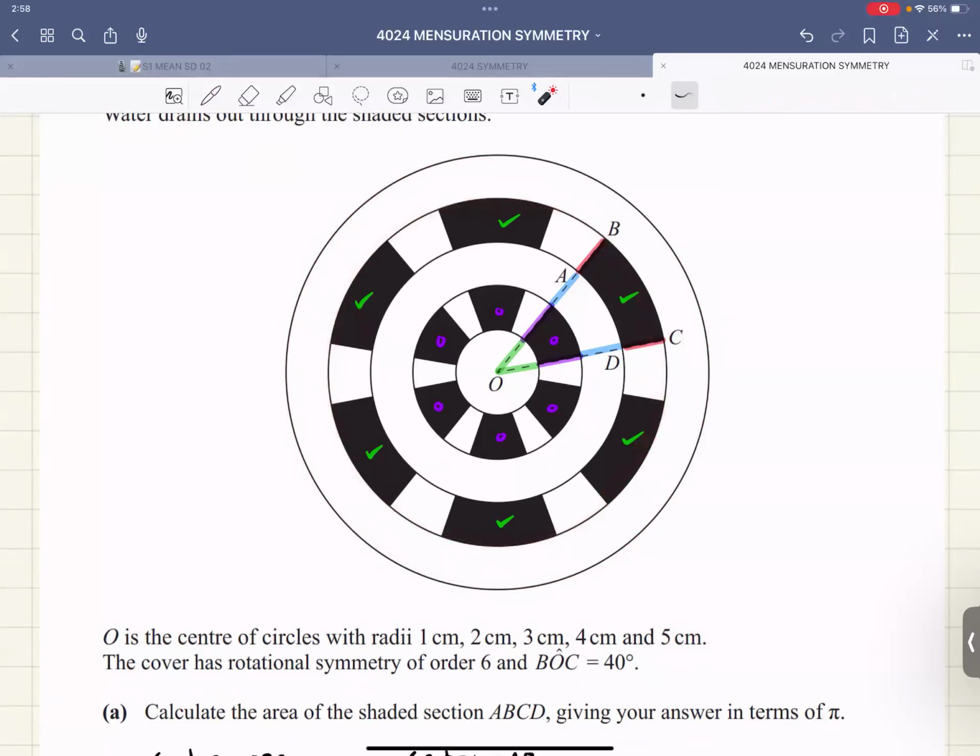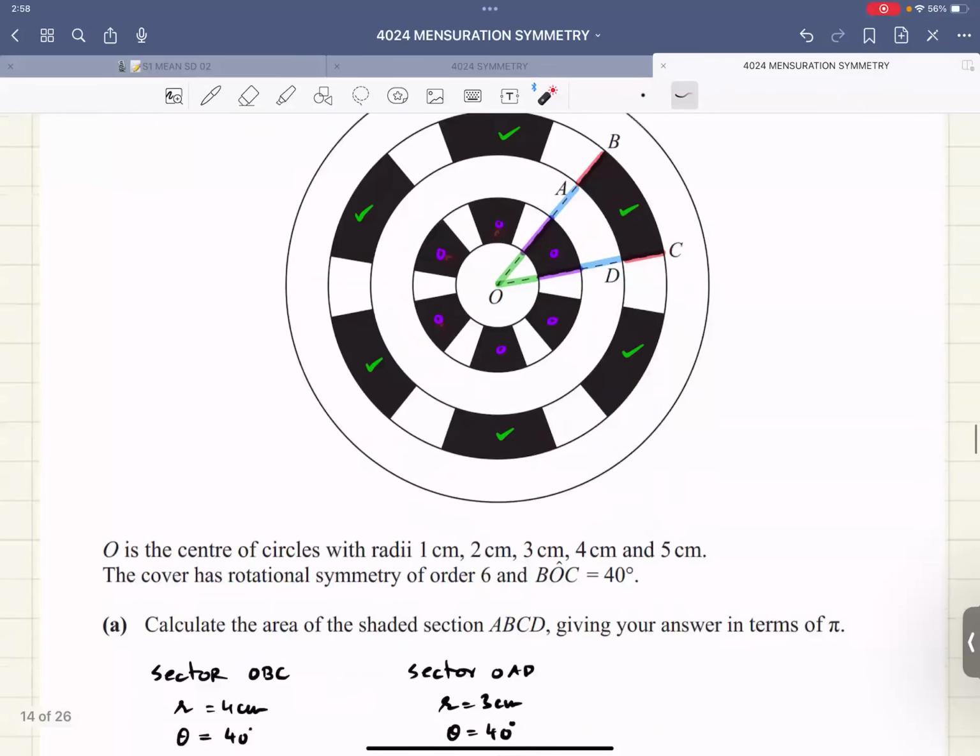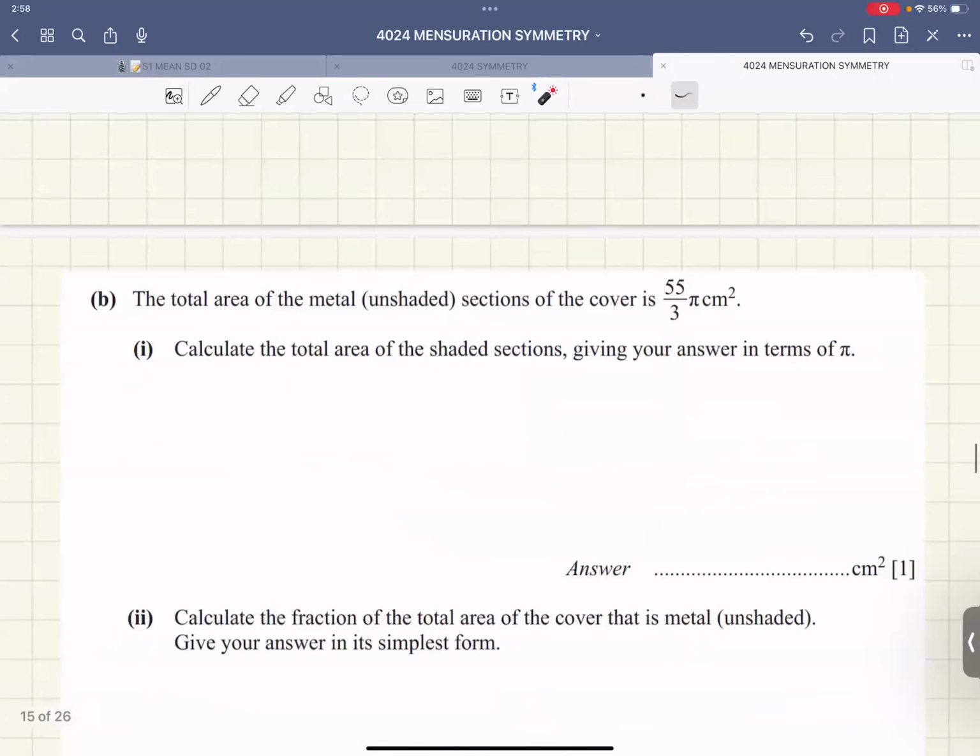And if I find the area of the circle, and if I subtract the metallic part, which is the white part, therefore, I'll get everything that is the black part. Make sense? Listen to me again. The total area of metal, the unshaded, the white area, is this much. The total area of the shaded we are looking for.